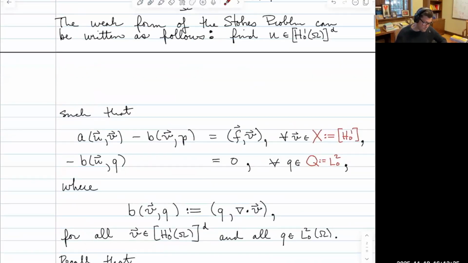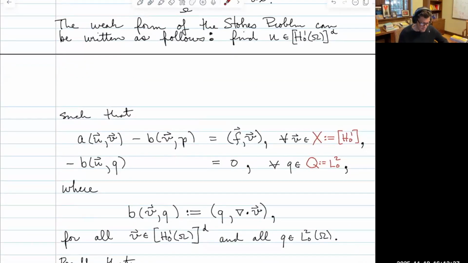So what we can say then is we can characterize the weak formulation of the Stokes problem in the following way. We're looking to find a u in this space. The nice thing about the weak formulation is we don't require u to be all that smooth. So if you look back at the classical definition of a solution to the Stokes problem, we're asking for a C2 function.